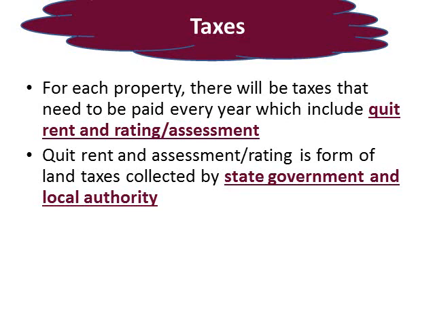So quit rent is actually cukai tanah, which you need to pay every year to the land office. Another one is assessment or rate assessment, that's cukai pintu. This one will be collected by the local authority at your area. This also needs to be paid for each property that is under the local authority supervision area.